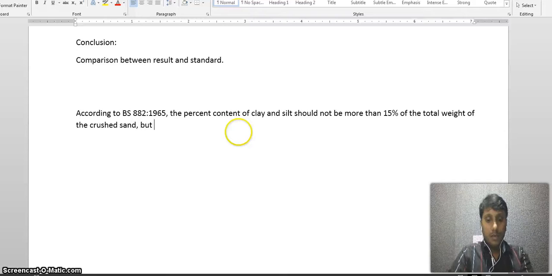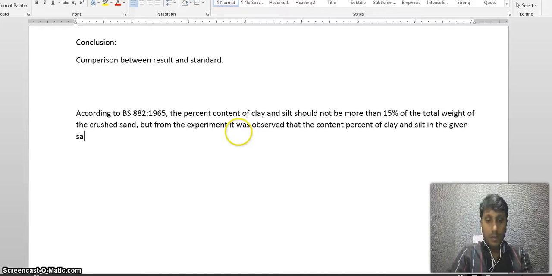First write this, but from the experiment it was observed that the content percent of clay and silt in the given sample of sand was 23%, which is more than the standard limit.